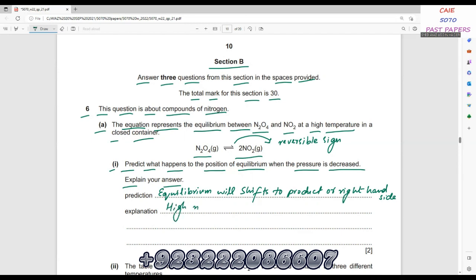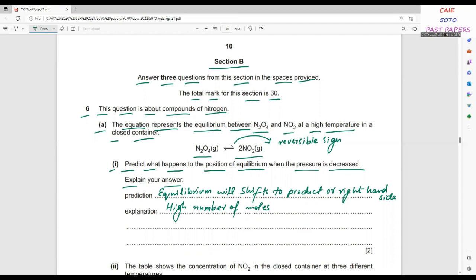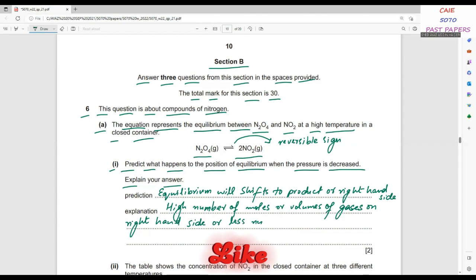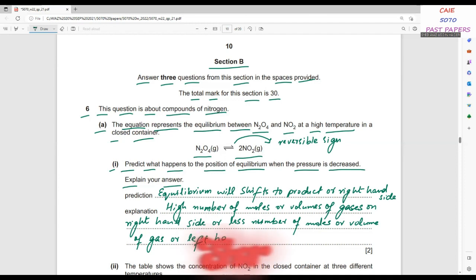High number of moles or volumes of gases on right hand side, or less number of moles or volume of gas on left hand or reactant side.